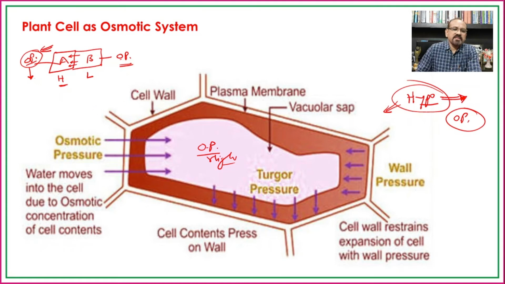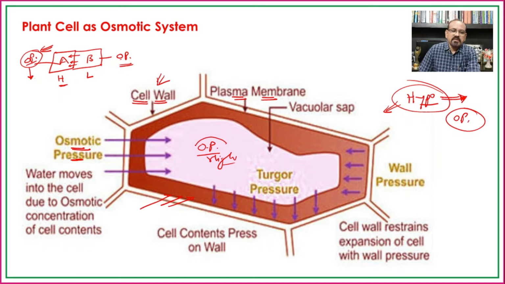But the plant cell has a cell wall as well as the plasma membrane, and the cell wall is permeable to water. Now if water from outside continuously enters because of the osmotic pressure, in a hypotonic solution, then because of the entry of water inside the cell, there will be the creation of pressure inside the cell.